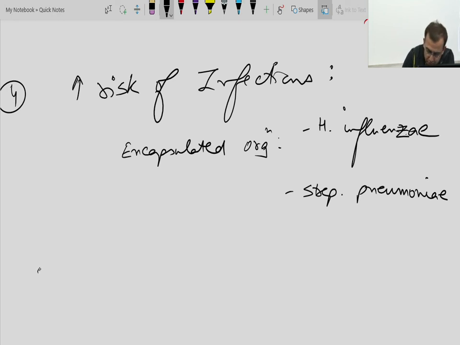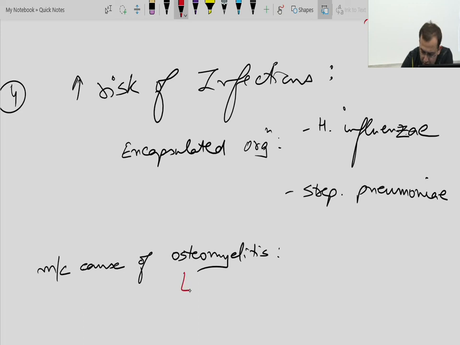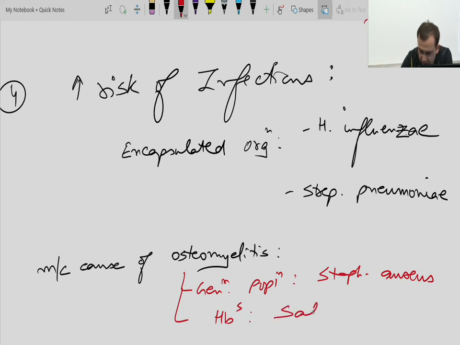Next point, this again has been repeatedly asked: most common cause of osteomyelitis. Most common cause of osteomyelitis in the general population is Staph aureus, whereas in sickle cell anemia it is Salmonella.